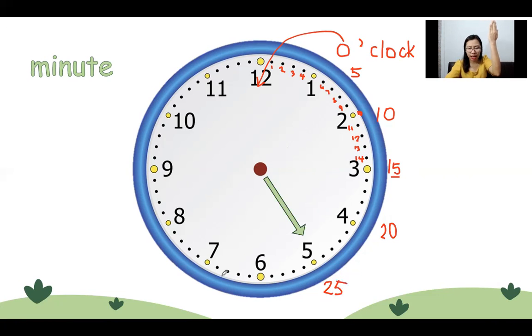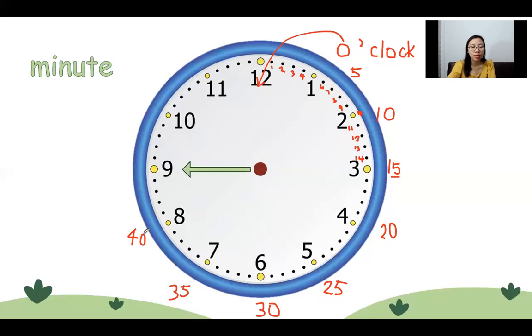If the long hand points at 5, what time is it? 25. 25 minutes. If the long hand points at 6, it's 30. Okay, 30 minutes. If the long hand points at 7, 35. If the long hand points at 8, 40.